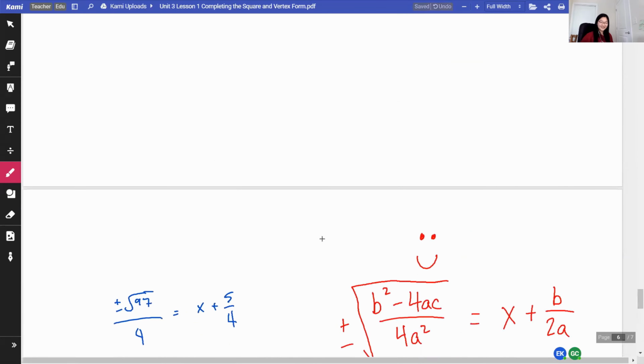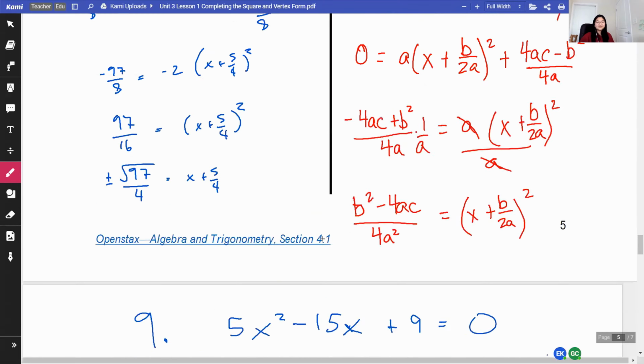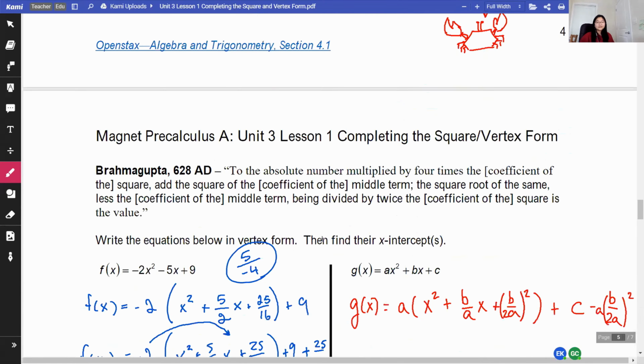Let's scroll up real quick and revisit what Brahmagupta said 1,500 years ago. To the absolute number multiplied by 4 times the coefficient.